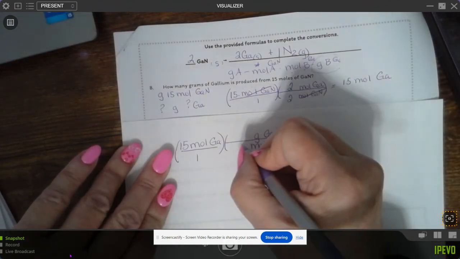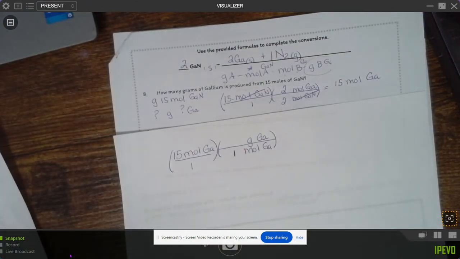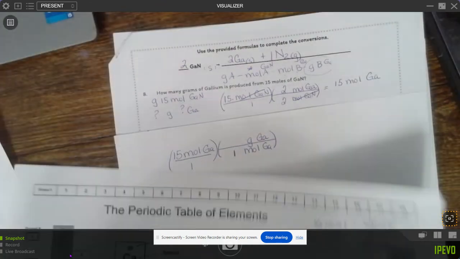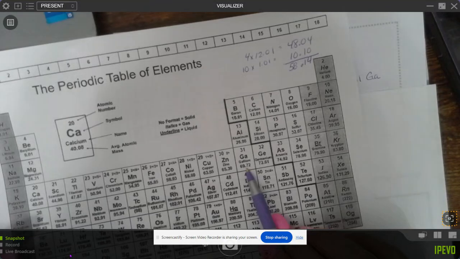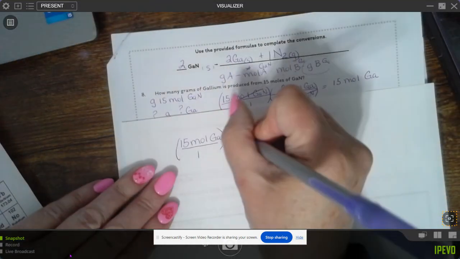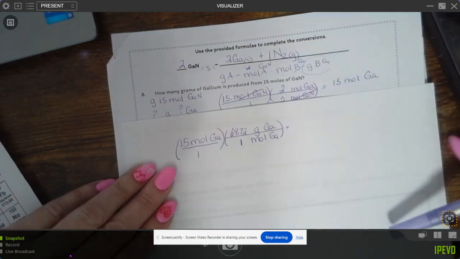So this is our molar mass. So 1 mole is equal to, gallium is 69.72 grams.